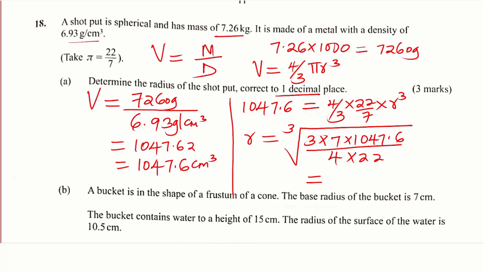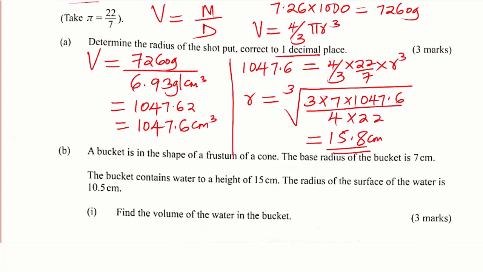And this one, correct 1 decimal place, will give 15.8 centimeters. So that is how you get the radius of that shot put, by first getting the volume, then using the volume to get the radius.